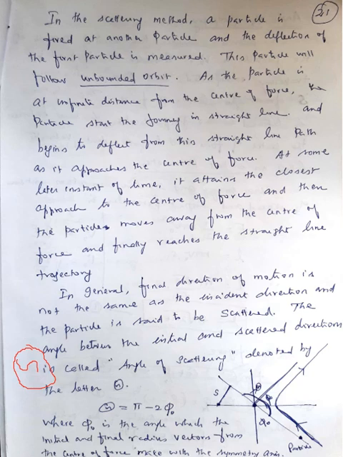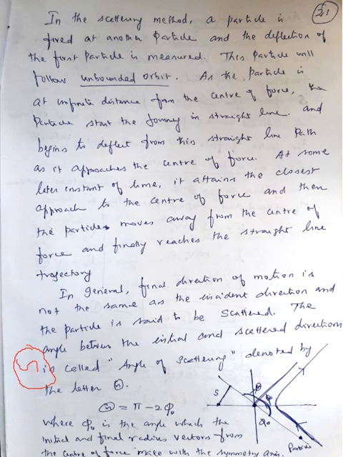This particle will follow an unbounded orbit, because it will be deflected depending upon the force that we are giving. Therefore, we don't know the exact orbit position. As the particle is at infinite distance from the center of the force, the particle starts its journey in a straight line.